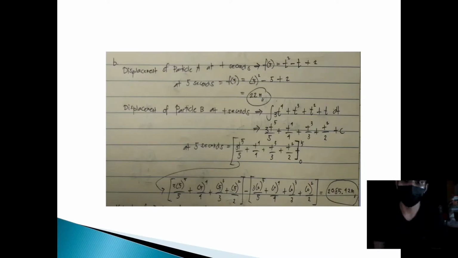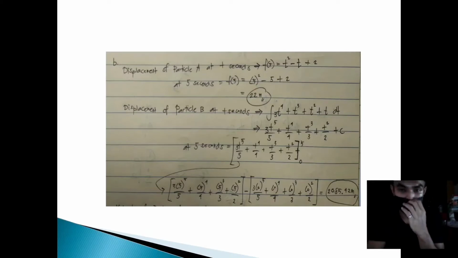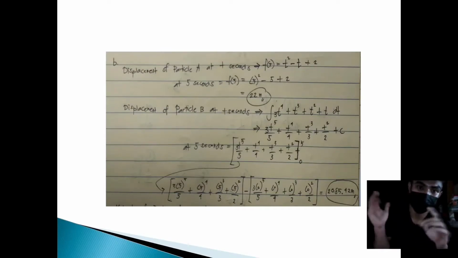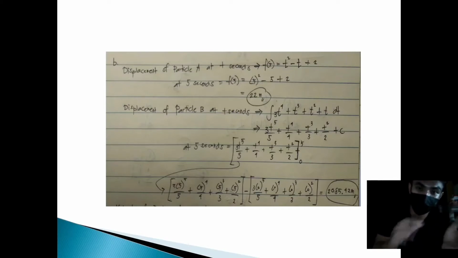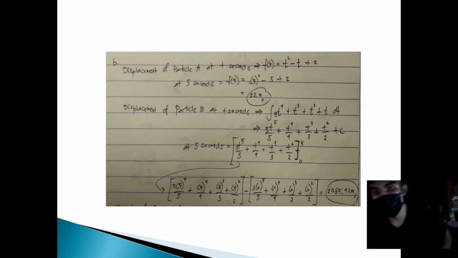So we integrate from 0 to 5. We're just going to substitute 5 to all the t values in the answer and subtract the substituted zeros of the answer.